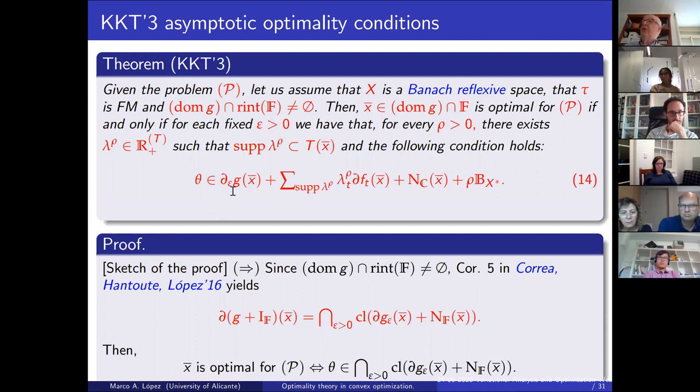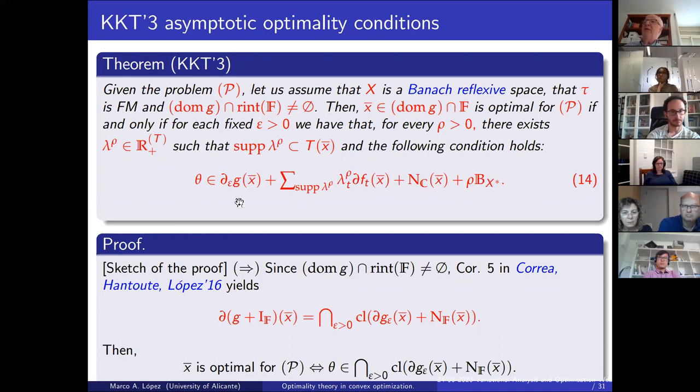Observe two points. It's not a typo. Here is the epsilon subdifferential. Meanwhile, here is the exact subdifferential. And here is the unit closed ball in the dual space of radius rho, because it's centered in the origin.